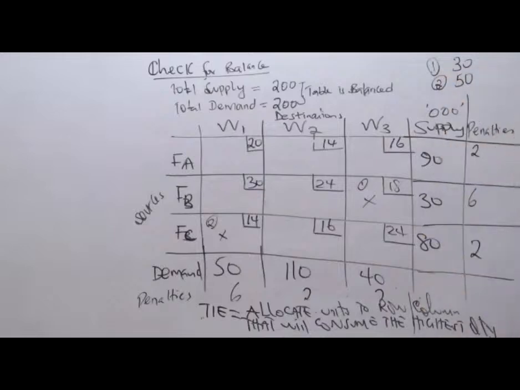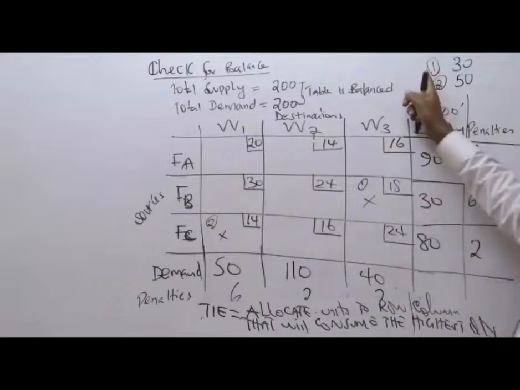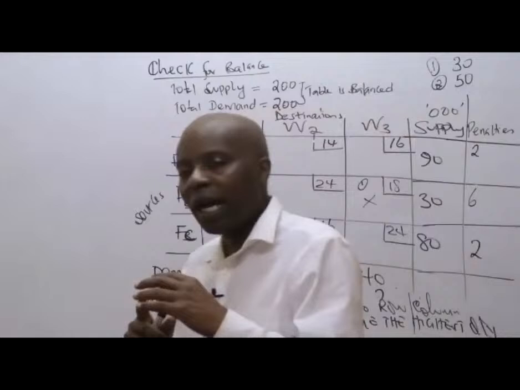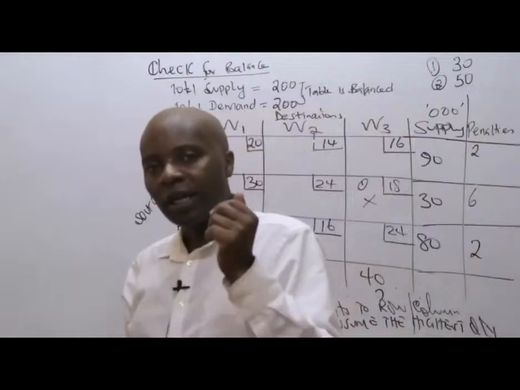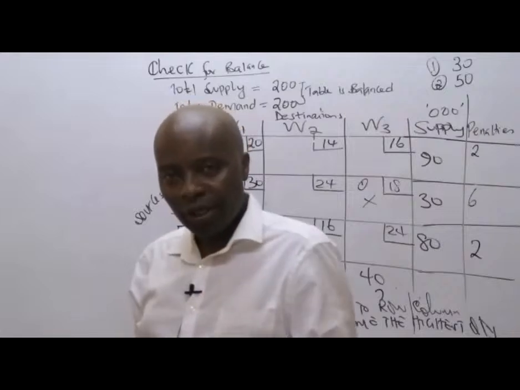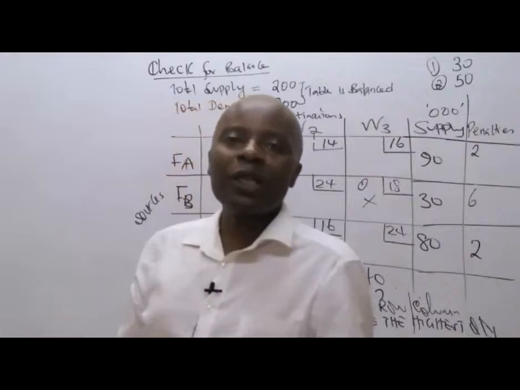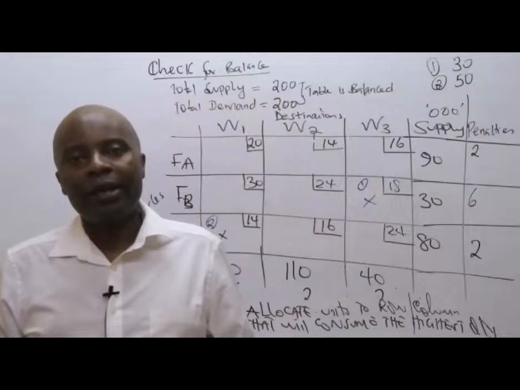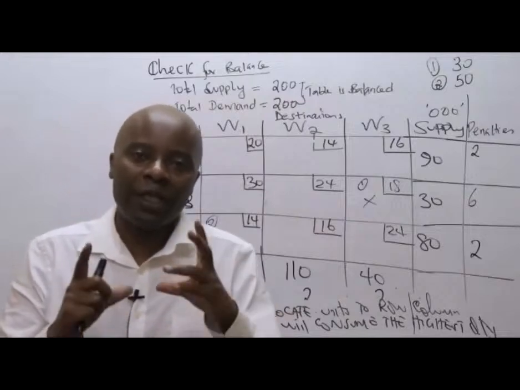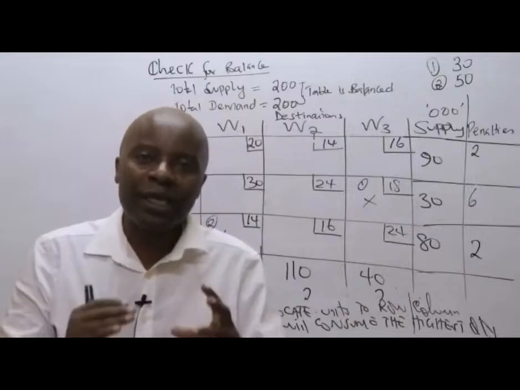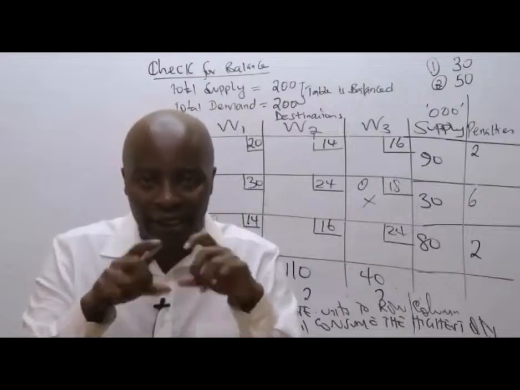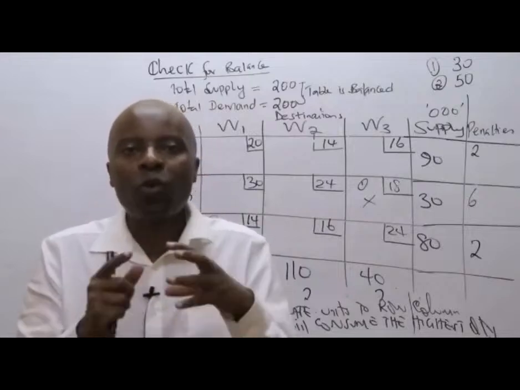50. Remember, these are routes: this is route number 1, route number 2. Now remember, in terms of walking along the row and along the column, we'll always endeavor to minimize what here? Cost. But between the two routes, we've said whenever there is a tie, ladies and gentlemen, we can only compare the routes in the tie quantity-wise.